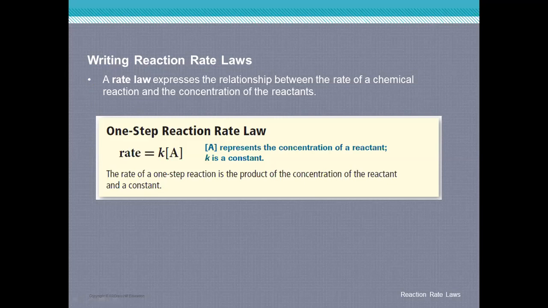So the rule will be rate equals K times A, where K is the constant and A represents the concentration of the reactant. Any problem till now?